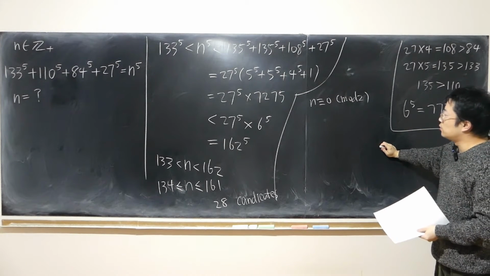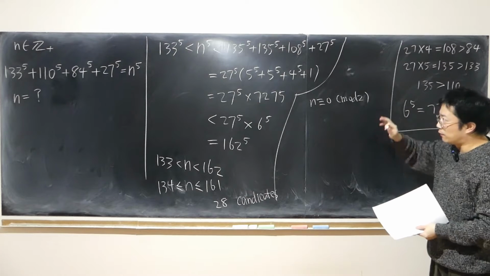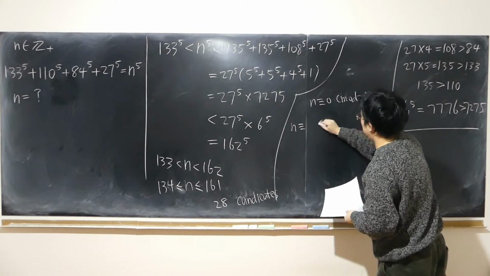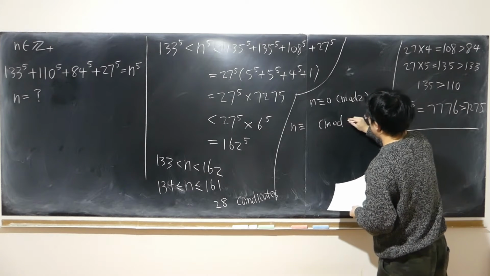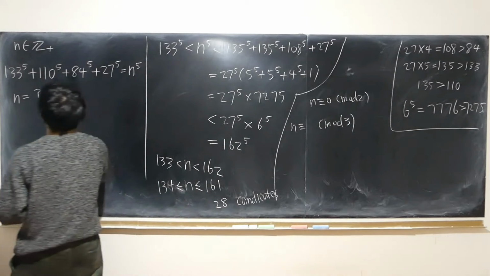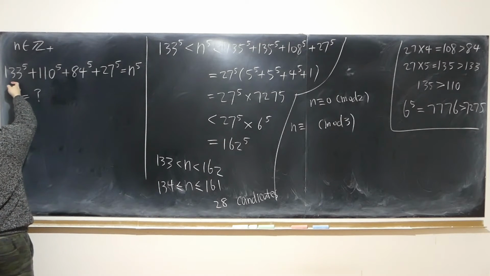Next, of course, we use mod 3. We use 3 to divide. I want to find out what n is congruent to mod 3. We divide 133 by 3.